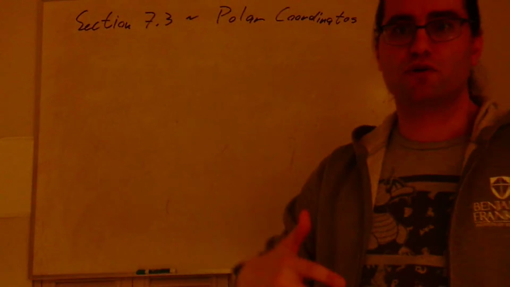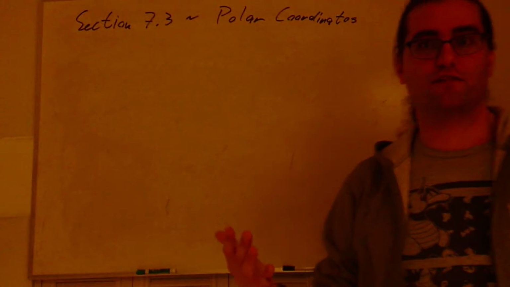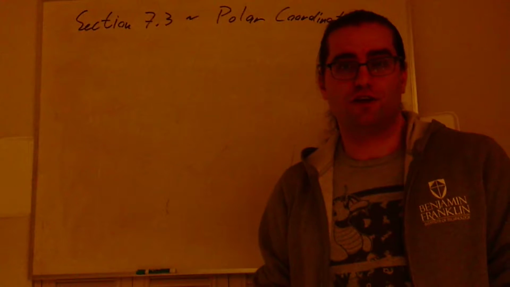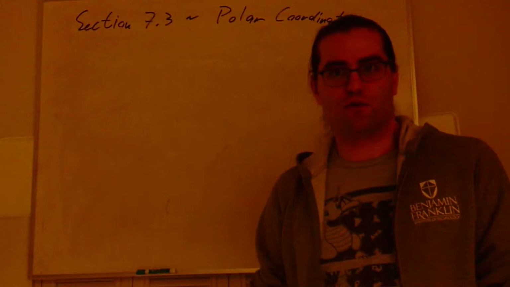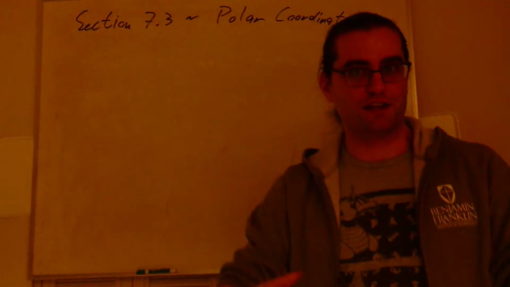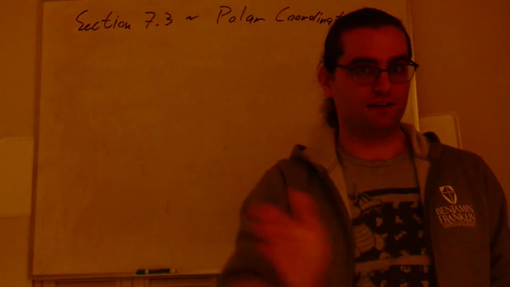So if xy coordinates are good for navigating New York City, polar coordinates would be good for navigating the middle of nowhere, Kansas. If you're trying to wander around a cornfield in Kansas, you don't need to go only left and only right because there's a city in your way. You can just go directly to where you want to go on a diagonal.